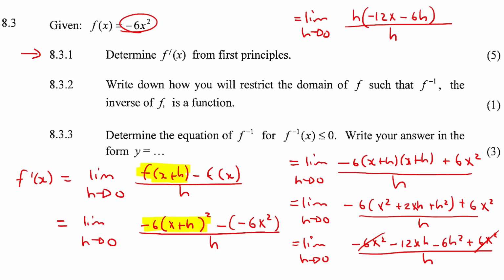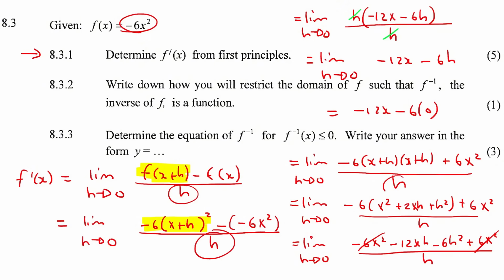The reason I say that is all that we actually want is just these h's to cancel. Because now what we have left is just -12x minus 6h. And now we can let the h go to 0. The only reason we couldn't let the h go to 0 earlier was that we had an h in the denominator, and that would be undefined.